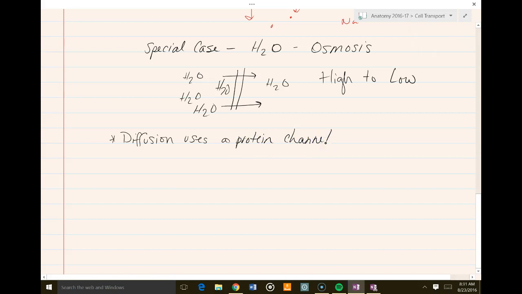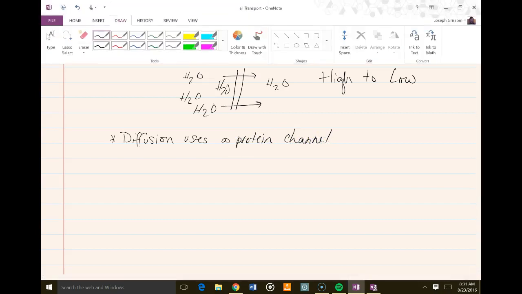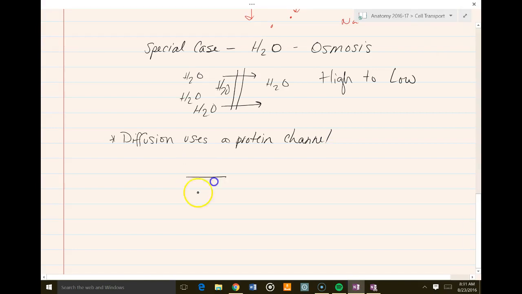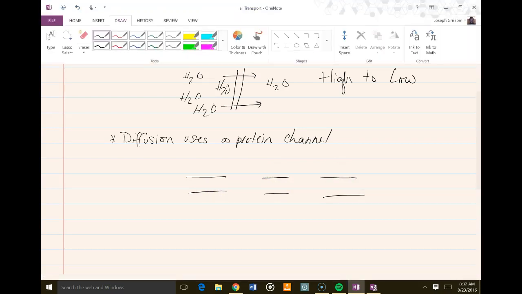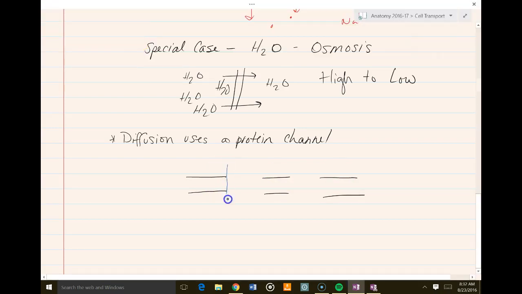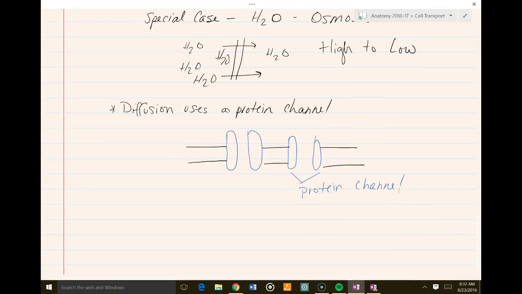Right, we call it a protein channel. So if I again draw a membrane, okay, those black lines represent my phospholipid bilayer. All right, occasionally, and in lots of places inside of our membranes, we have these channels that are lined by proteins. Okay, so this protein channel, think of it as like a gap in the wall.